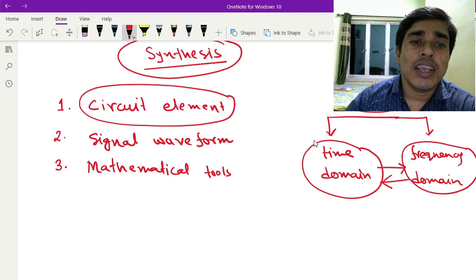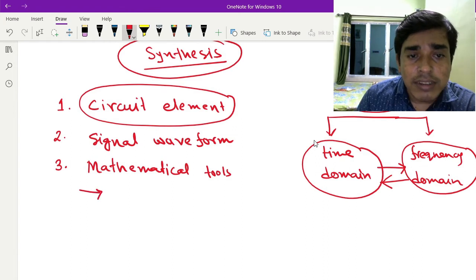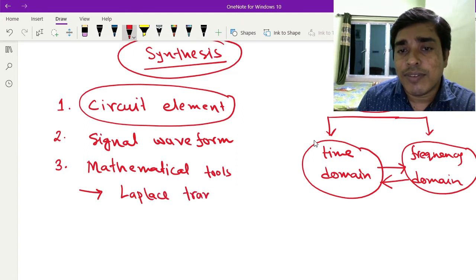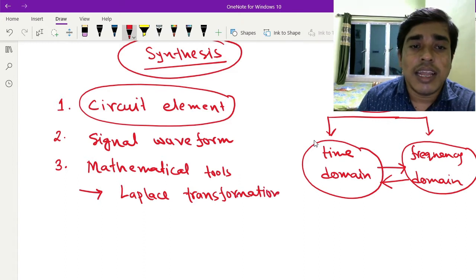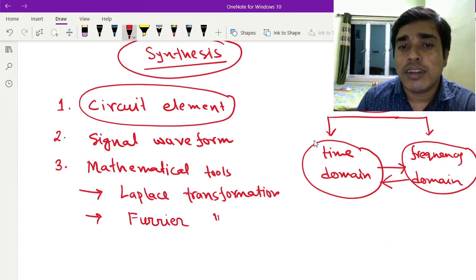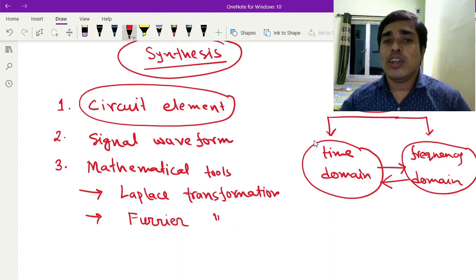One is the Laplace transformation, and another is the Fourier transformation. So these are the two mathematical tools.